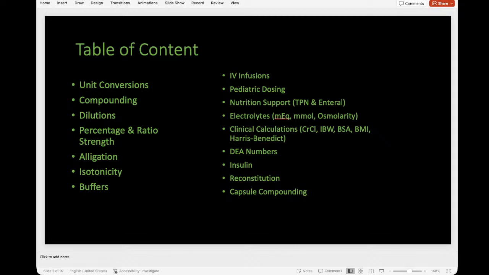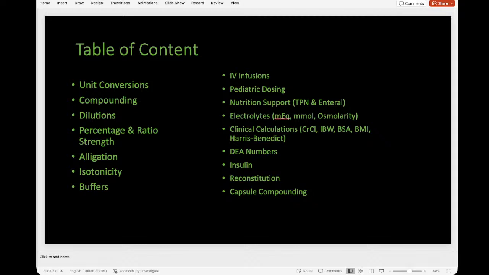You'll see a lot of calculation questions regarding dilutions, reconstitutions. You're going to see some on percentages and ratio strengths, alligation techniques, alligation alternate or mixed. When two drugs are mixed together, you'll see how to do those types of calculations.